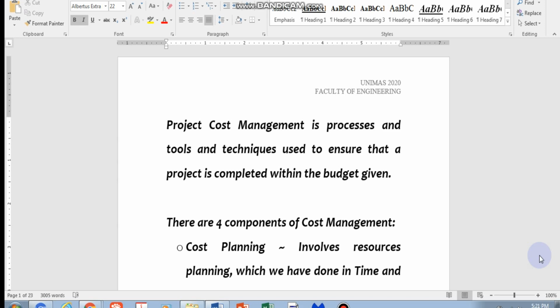It's actually a calculation, processes and tools and techniques that are available for you to approximate the cost, or what we call the sum of money that is required for the project to be completed.